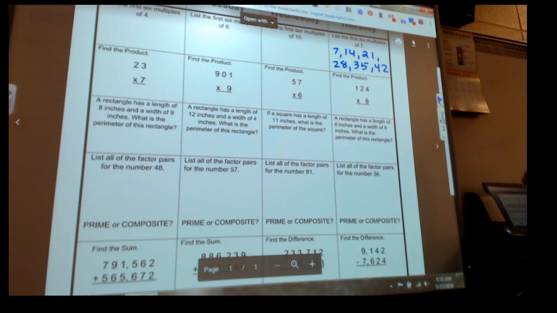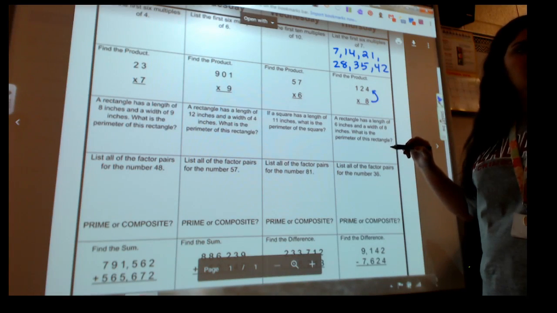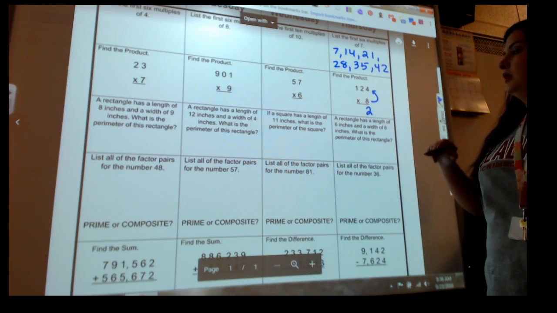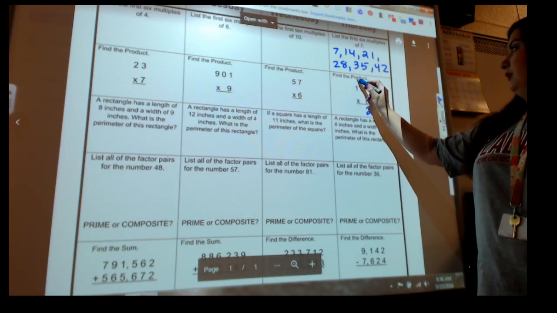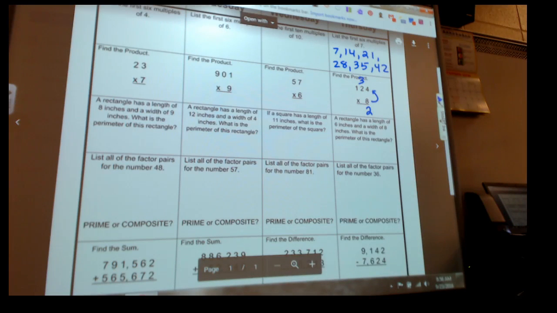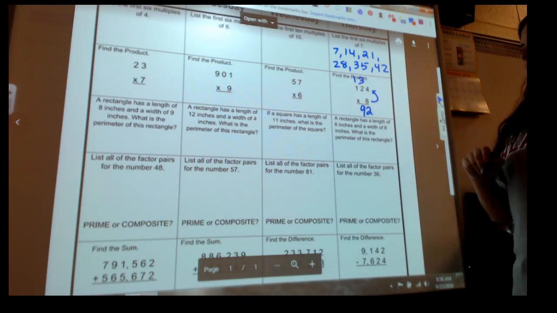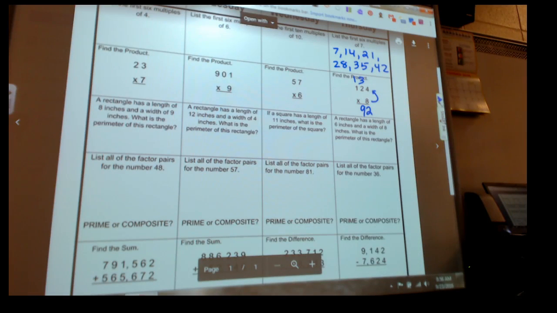Very good. All right, when I find the product, I start in the ones place. So 8 times 4 is 32. Carry my 3. 8 times 2 is 16, plus 3 is 19. Carry my 1. 8 times 1 is 8, plus 1 is 9. Where's your homework?